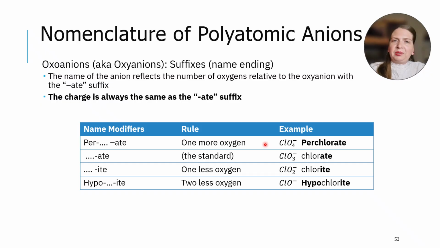If a polyatomic ion has 1 fewer oxygen than the -ate ion, the suffix changes from -ate to -ite. Chlorite, ClO2-, has 1 fewer oxygen than chlorate. If a polyatomic ion has 2 fewer oxygen atoms than the -ate ion, the hypo- prefix is added along with the -ite suffix. Hypochlorite, ClO-, has one fewer oxygen atom than chlorite.